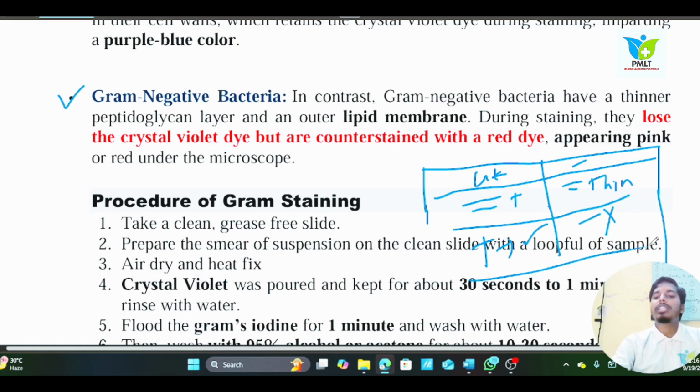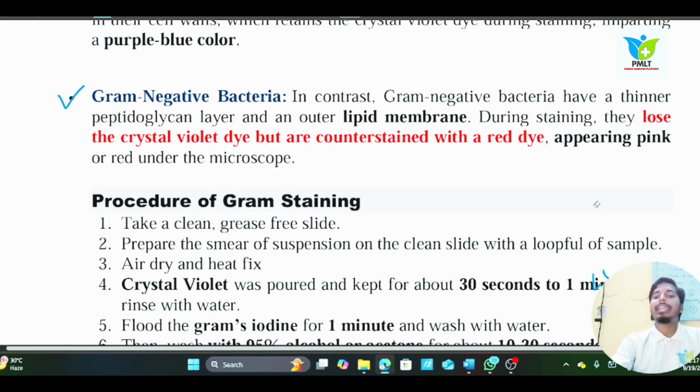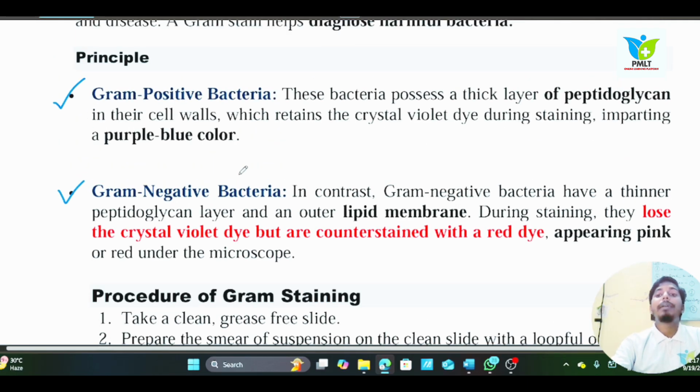In gram positive bacteria there is no LPS, but in gram negative bacteria LPS, or lipopolysaccharide, is present. There are also lots of examples of gram positive and gram negative bacteria, which we have already understood in previous classes. So the major difference is that gram positive bacteria have a thick peptidoglycan layer and gram negative bacteria have a thin peptidoglycan layer.